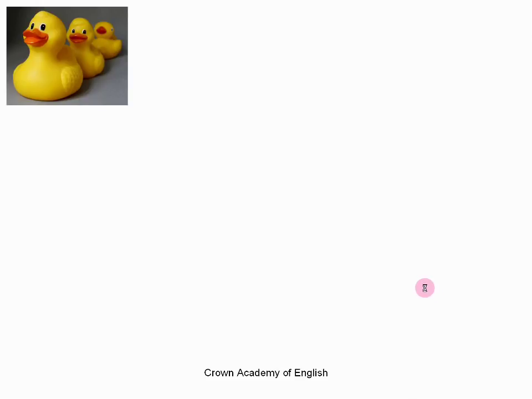So, on this photograph, we can see there are 3 ducks, 3 yellow ducks. This duck is yellow, the first one. The second one is yellow. The third one is yellow. So, we can say all of the ducks are yellow.